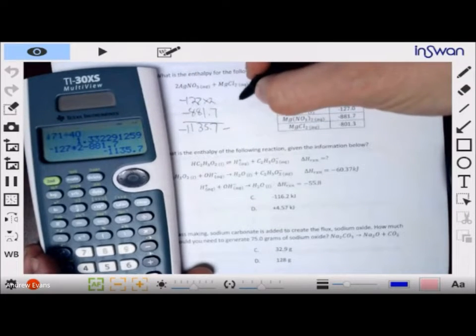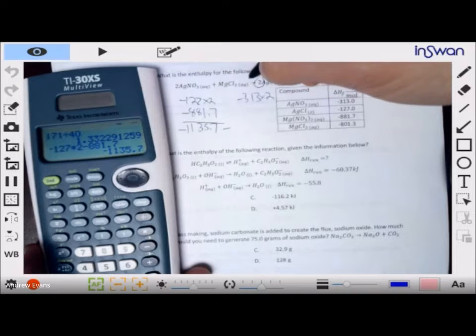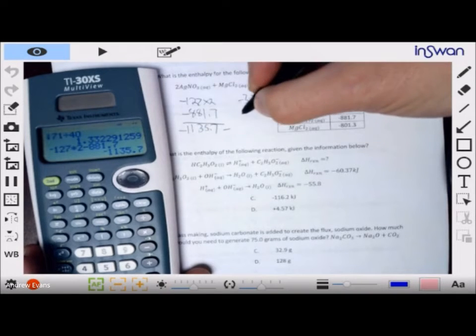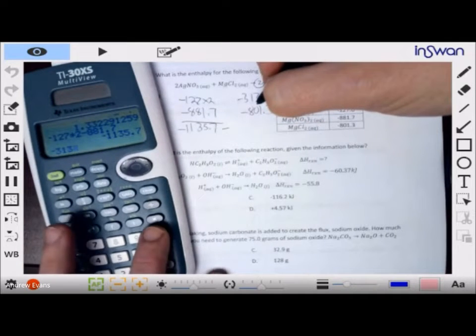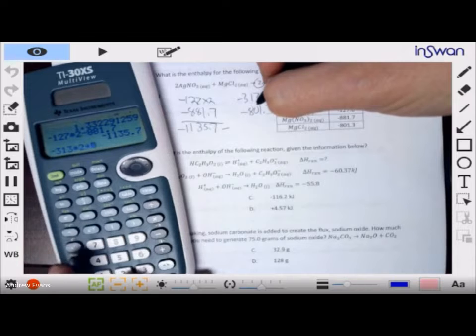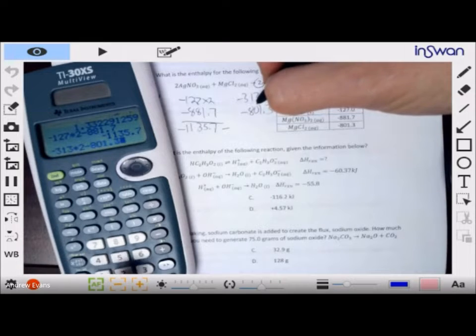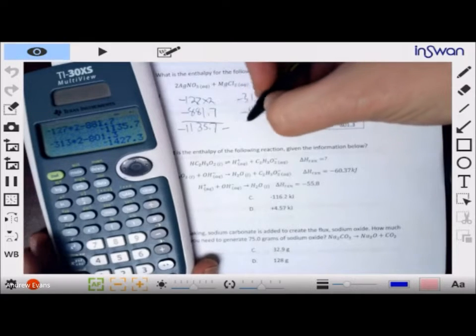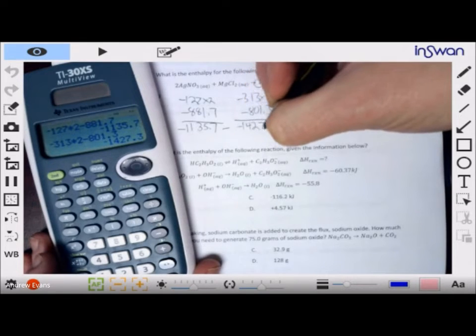For the reactants, you have negative 313 times 2 and negative 801.3. So you have negative 1427.3.